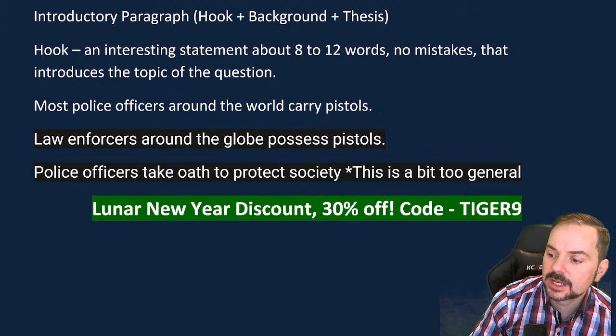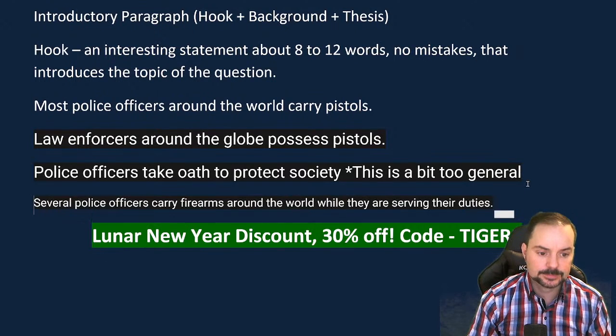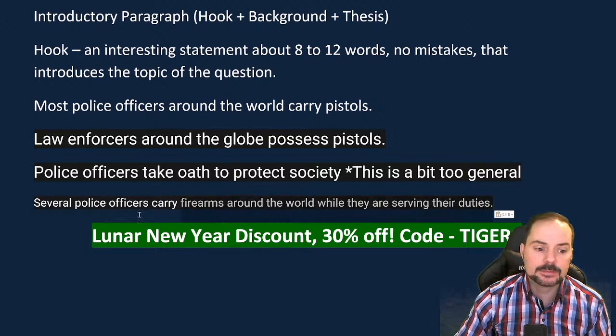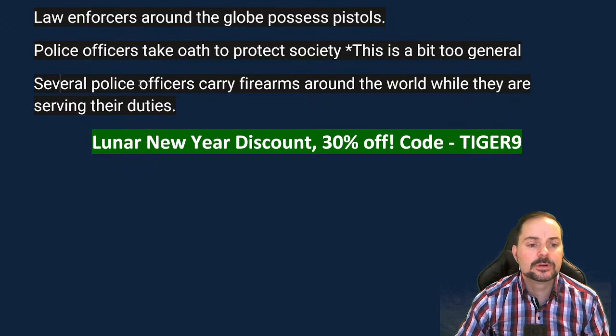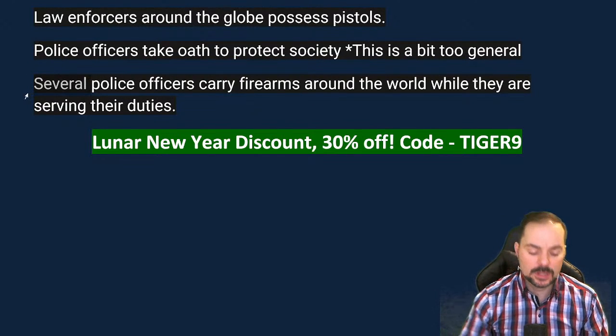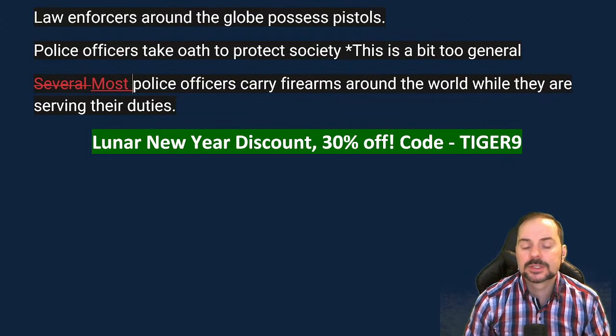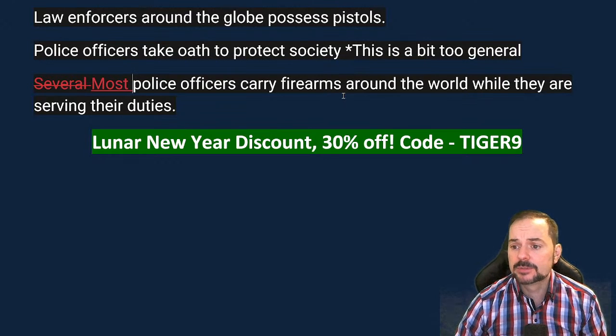This is Bandita here. So Bandita writes, several police officers carry firearms. Bandita, I wouldn't say several. I would correct this with most. I think most police officers carry firearms around the world while they are serving their duties.